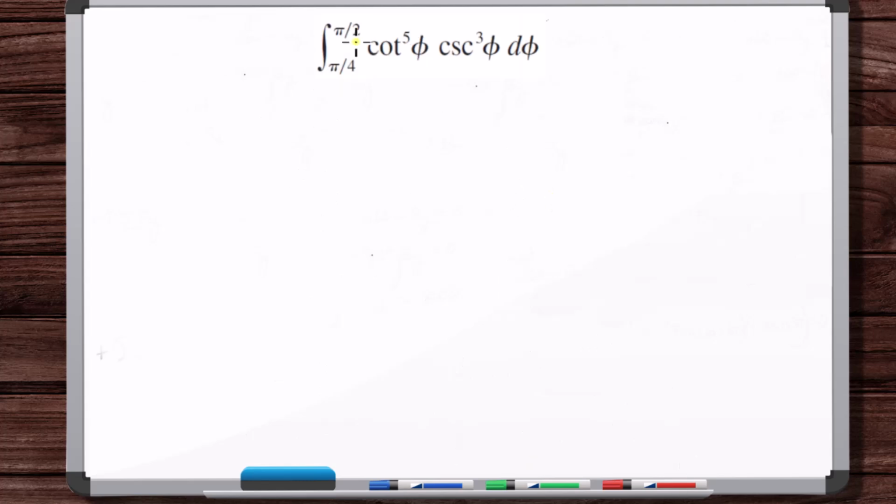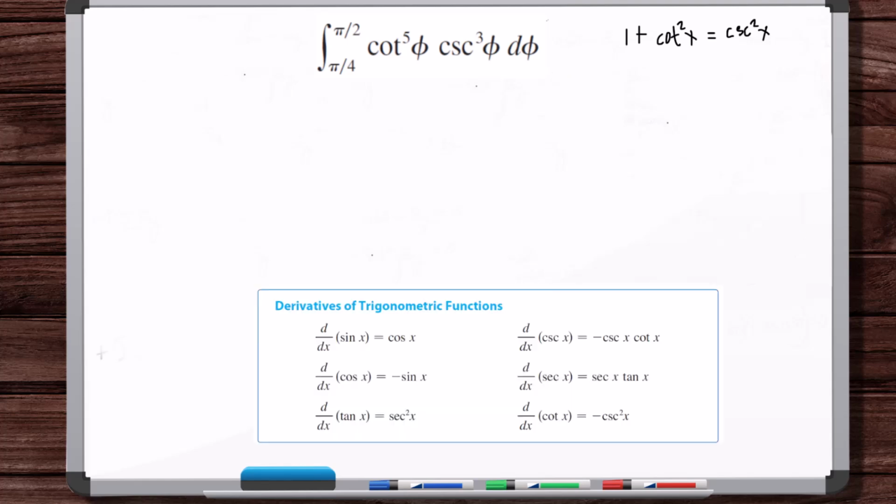Okay. So now we've got a combination of cotangents and cosecants. We've got 1 plus cotangent squared is equal to cosecant squared. And then, all right, what's the parallel here to the tangent secant method?